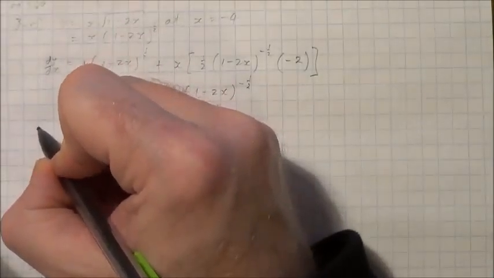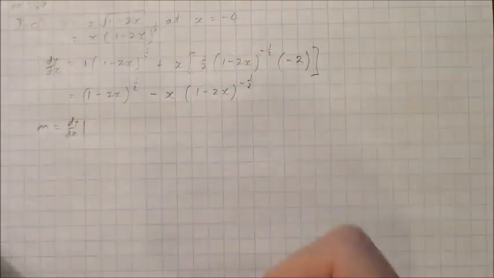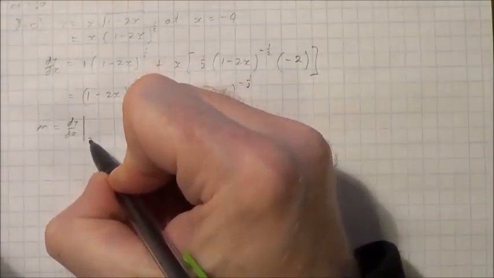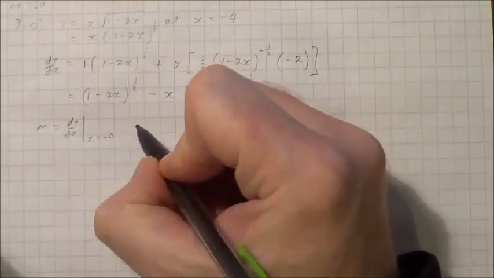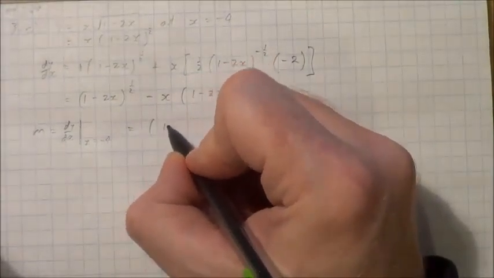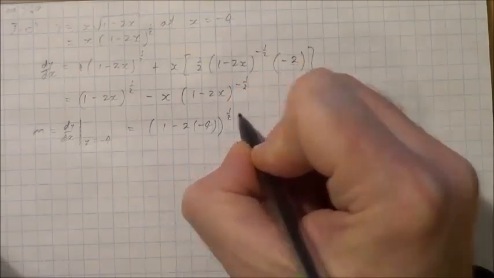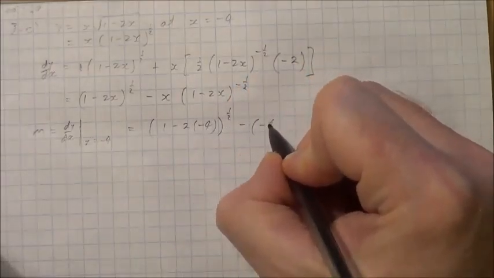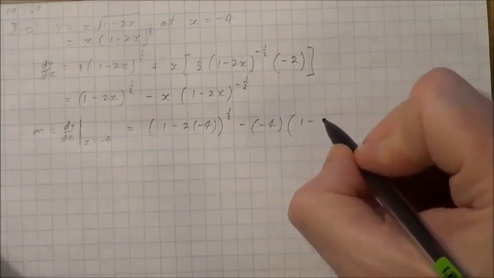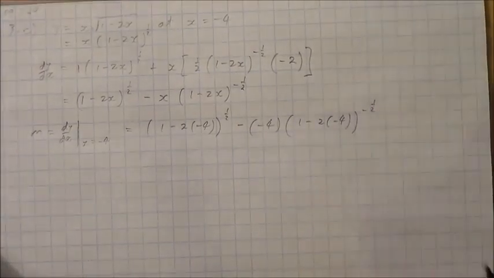And now, to find the gradient, I evaluate the gradient function at x equals negative 4. And then I'll just substitute negative 4 in. So I get 1 minus 2 times negative 4 all to the 1/2 minus negative 4 quantity 1 minus 2 times negative 4 to the negative 1/2.